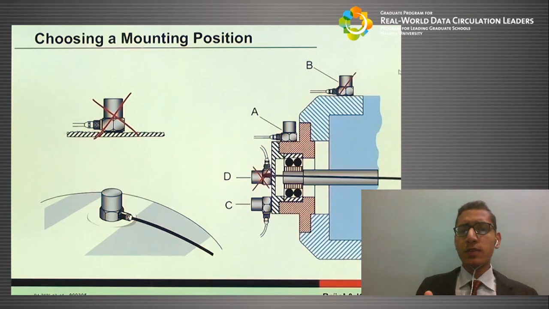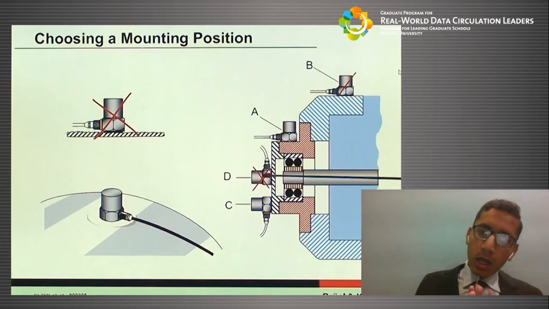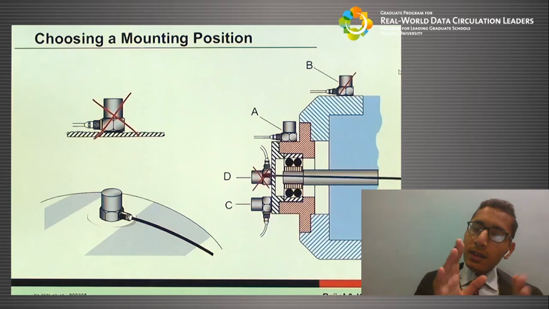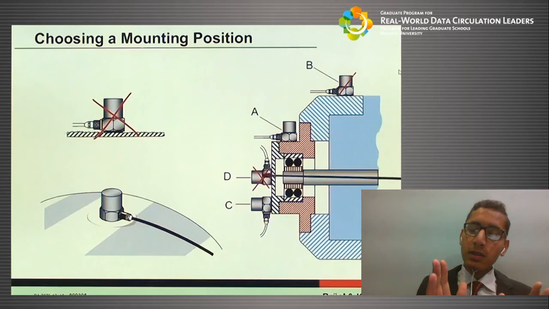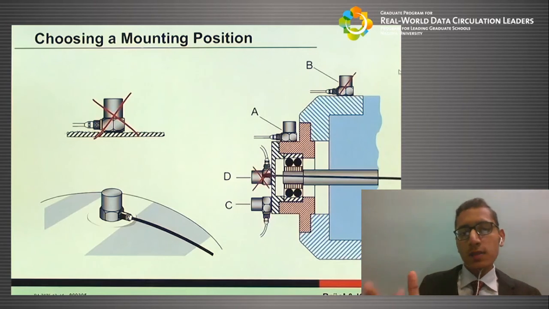Choosing a mounting position. Now, at which position do we mount our sensors? At the A position, it is closer to our vibrating body. It isn't causing any disturbance to the mass, so we can put it at the A position. But if we put it at the B position, it is way too far from our vibrating body.